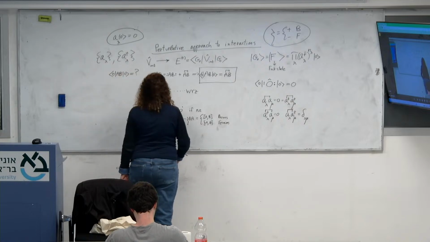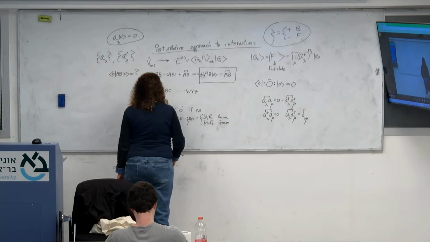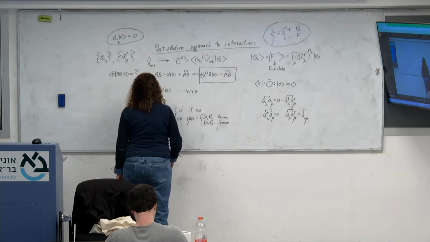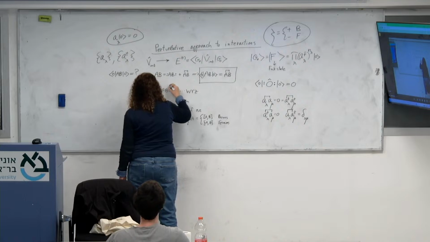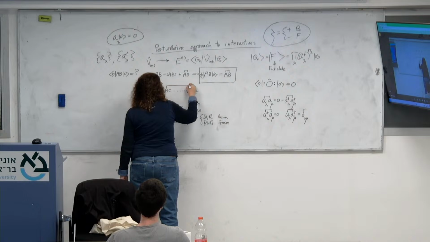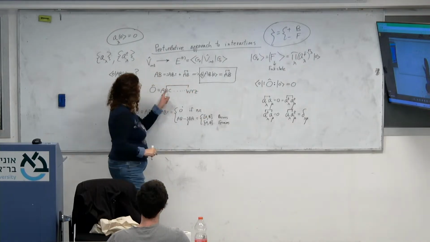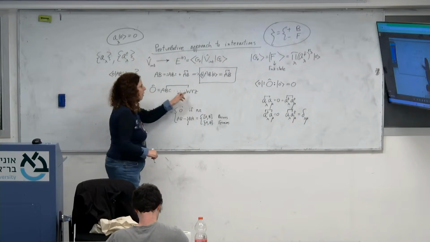And now I want to define a contraction of, among the many operators, I'm contracting two of them, let's say B and W, okay?